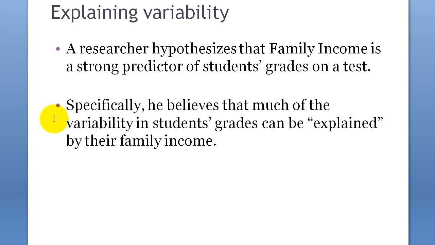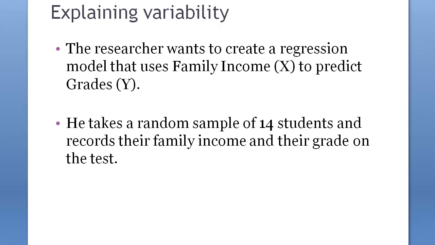A researcher hypothesized that family income is a strong predictor of students' grades on tests. Specifically, he believes that much of the variability in students' grades can be explained by their family income. The researcher wants to create a regression model that uses family income to predict grades.